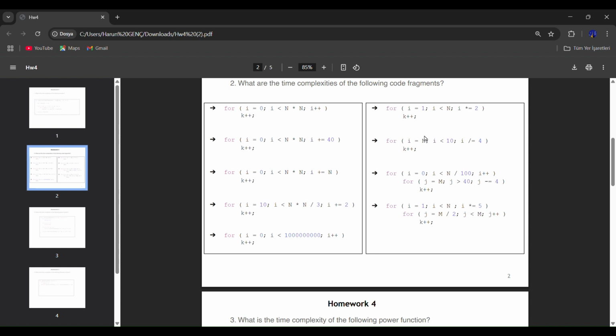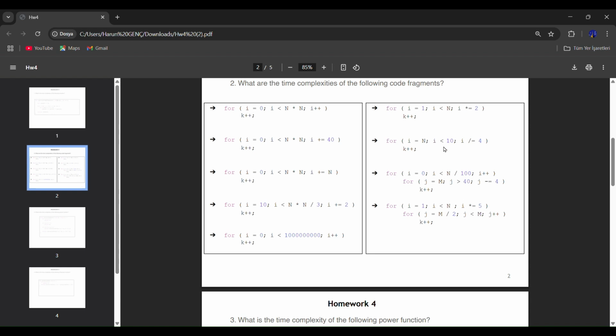And fourth, i starts at n and is divided by 4 each iteration. If n is bigger than 10, the loop does not execute. If n is smaller than 10, the loop runs a constant number of times.